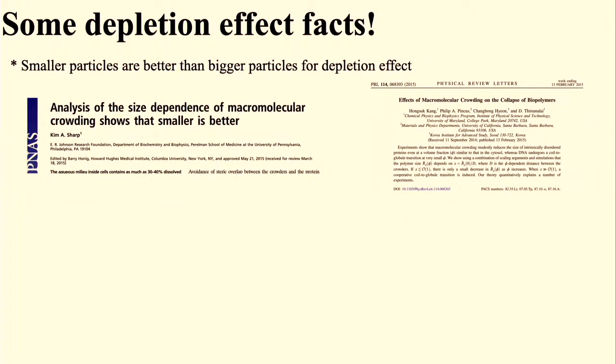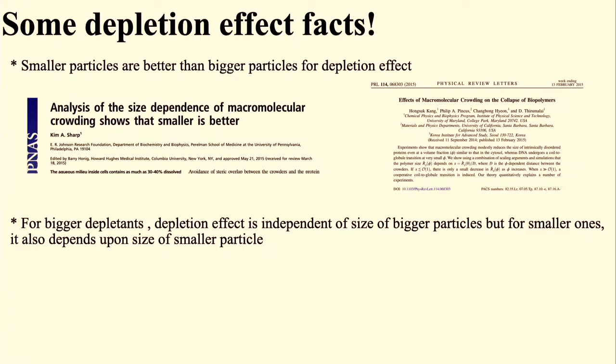These are the references I'm giving. They have done analysis of size-dependent macromolecular crowding, which shows that smaller is better. Also, for bigger depletants, the depletion effect is independent of the size of the bigger particle, but for smaller ones, it also depends on the size of the smaller particle. These are some basic things people have established now.